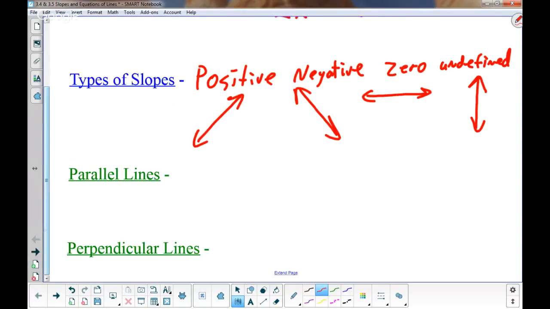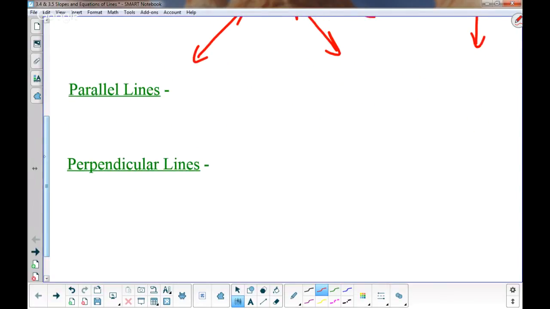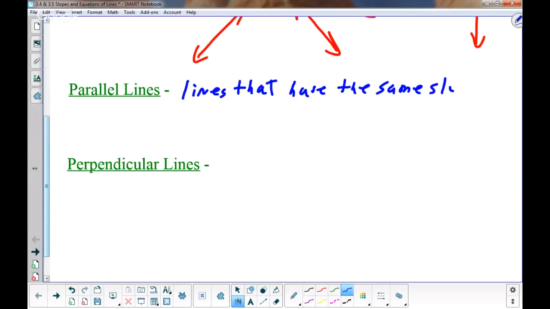Now, parallel lines. What do we need to know about parallel lines? Well, parallel lines are lines in the same plane that do not intersect. However, how does that relate to slope? Well, parallel lines are lines that have the same slope, but different y-intercepts.